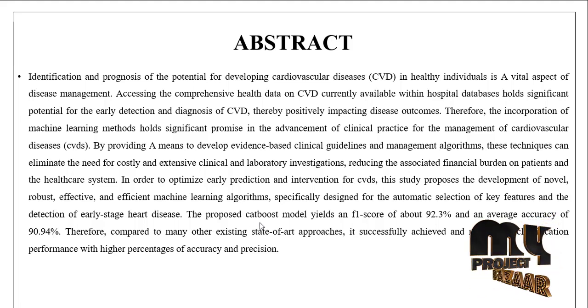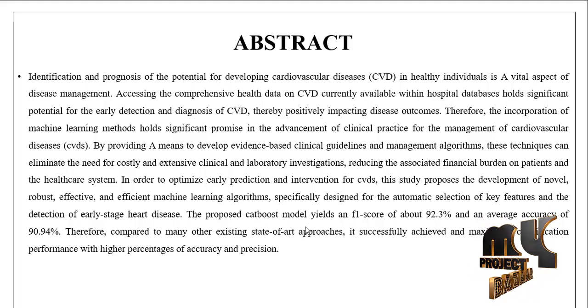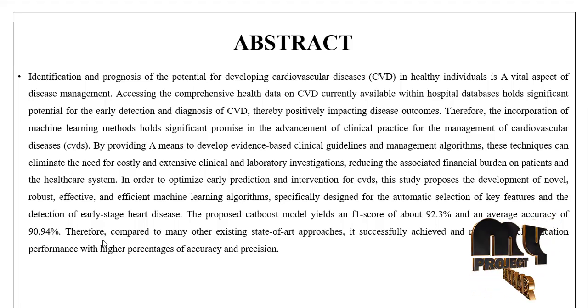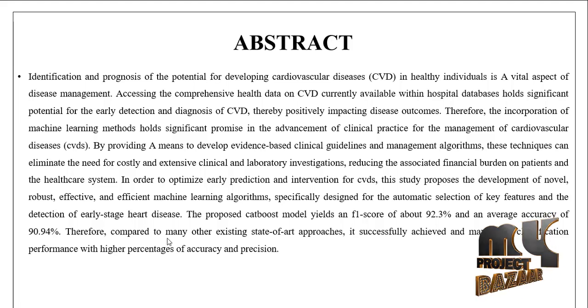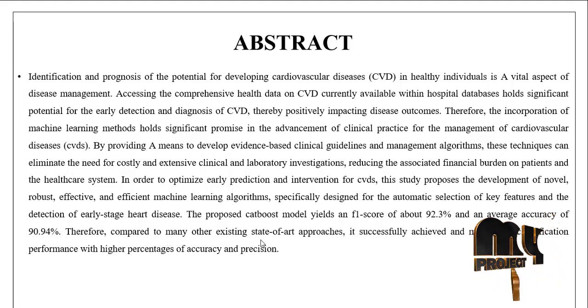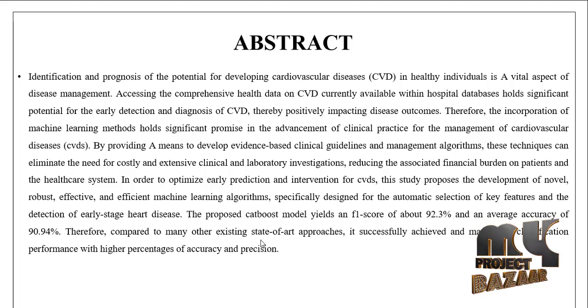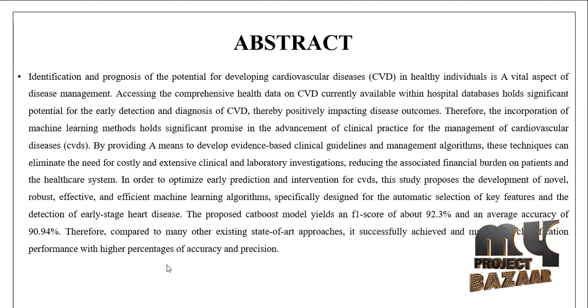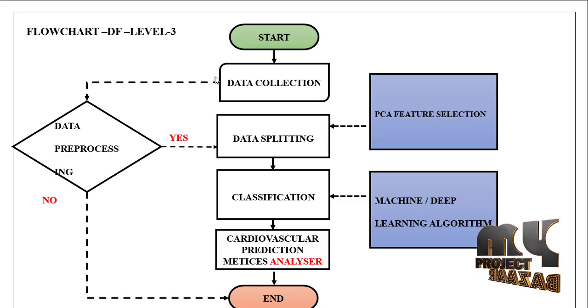The proposed CatBoost model yields an F1 score of about 92.3 percent and an average accuracy of 90.94 percent. Compared to many other existing state of the art approaches, it successfully achieved and maximized classification performance with a high percentage of accuracy and precision.